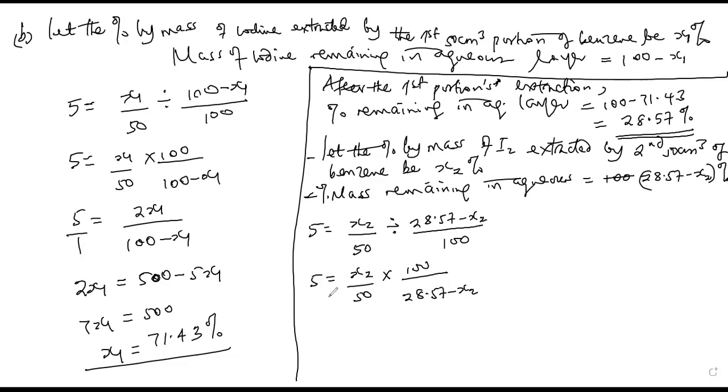All right, so looking at this, we shall have 5 equals 2X2 divided by 28.57 minus X2.